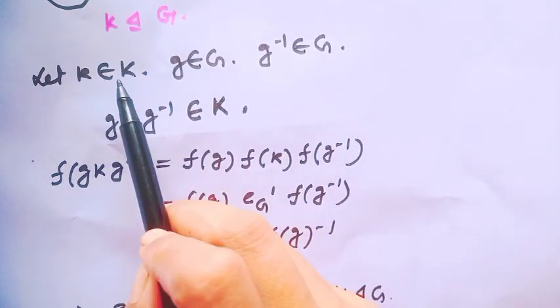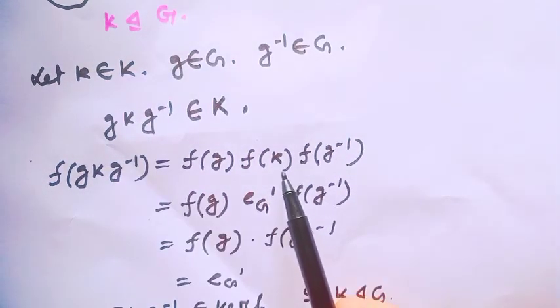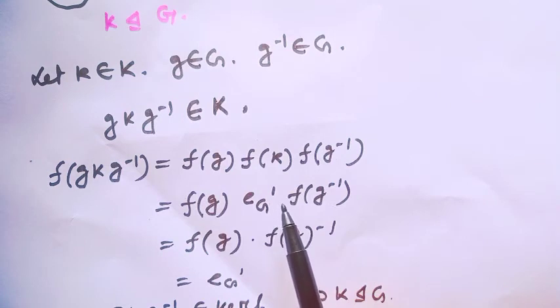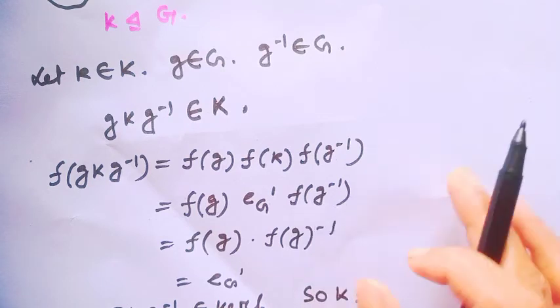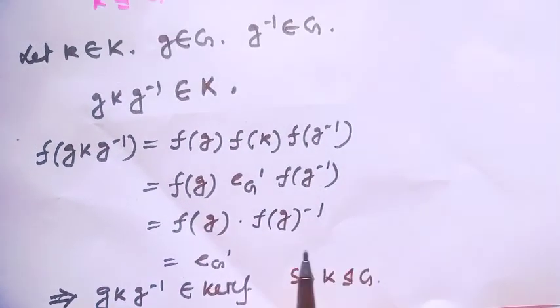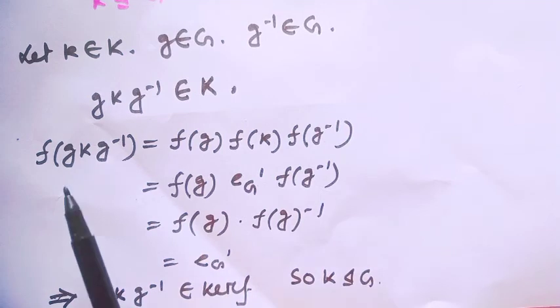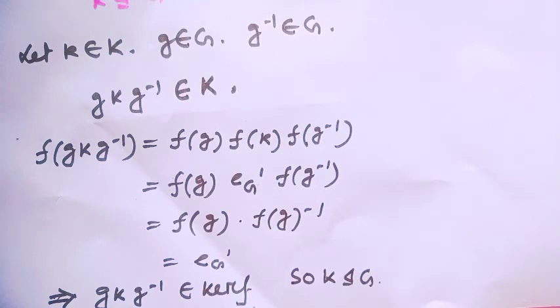Since k is a member of the kernel, f of k would be e dash, and we all know in a homomorphism inverse is sent to inverse. That means this is also the same as f of g inverse. That means this equals e prime, and from this line we can tell g k g inverse is a member of kernel f.